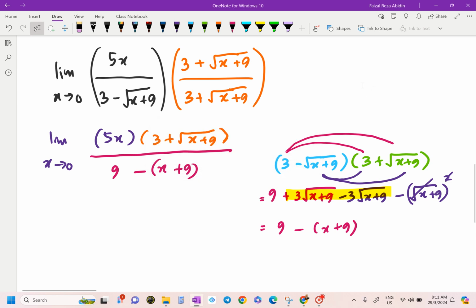So what happened next is we are going to simplify this one. I can simplify 9 with minus 9 here. Actually, you could simplify just now, right? Sorry, because the one just now I wanted to show you. So what happened over here? You are going to get negative x at the denominator.